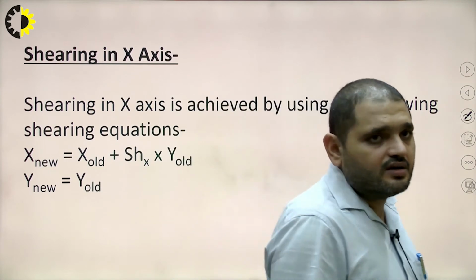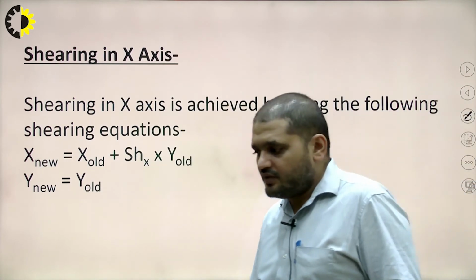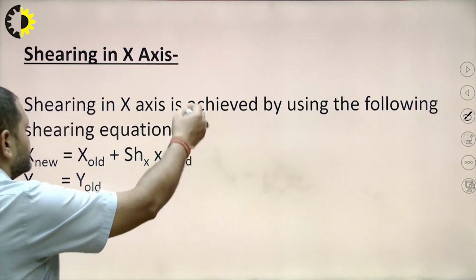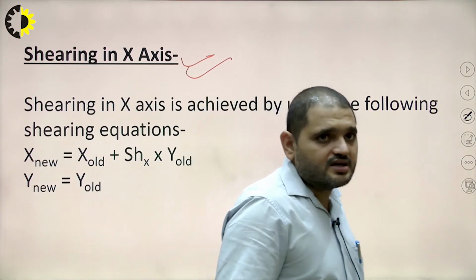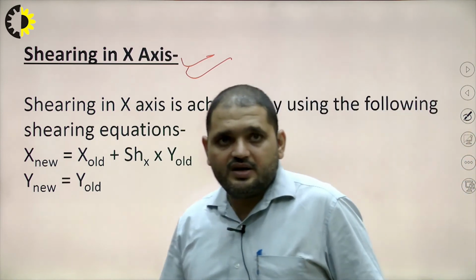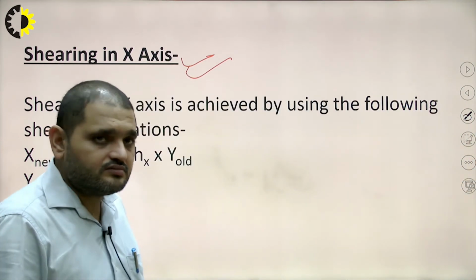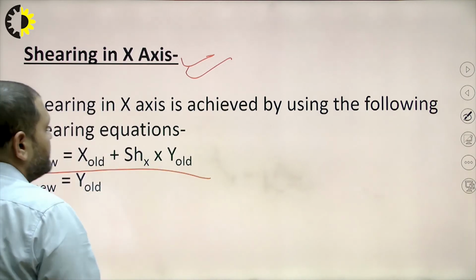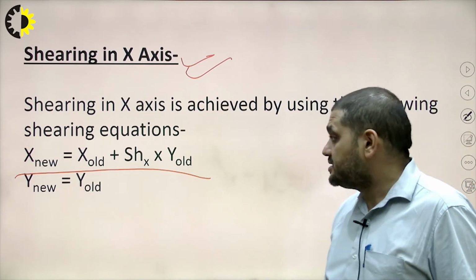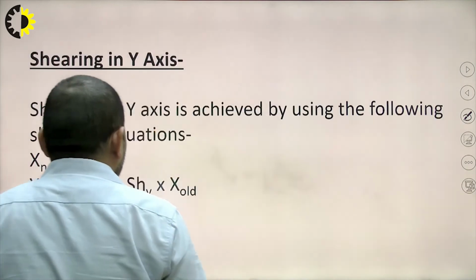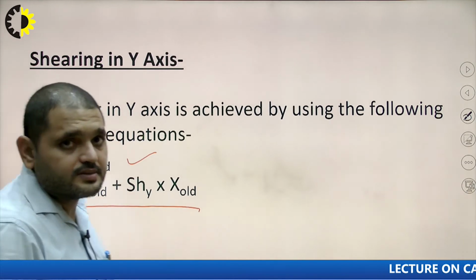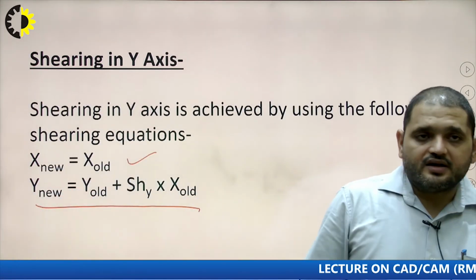If I am doing the shearing along the x-axis, then x will change and y will remain the same, and the new x will be x old plus SHx times y old. And the same when I do the shearing along the y-axis: in that scenario x will remain the same and y will change, which will be like this, and we can represent it in the form of a matrix.